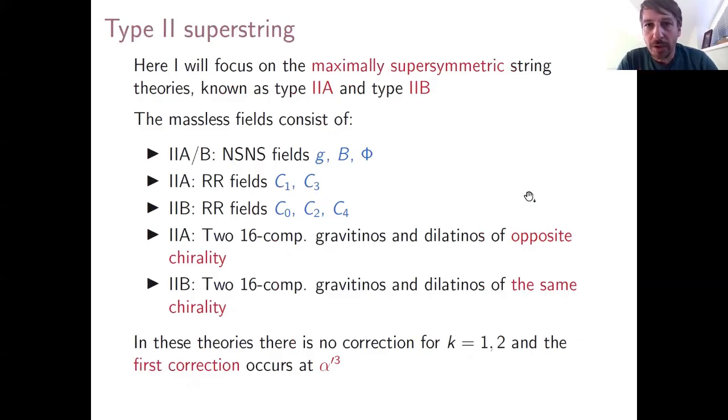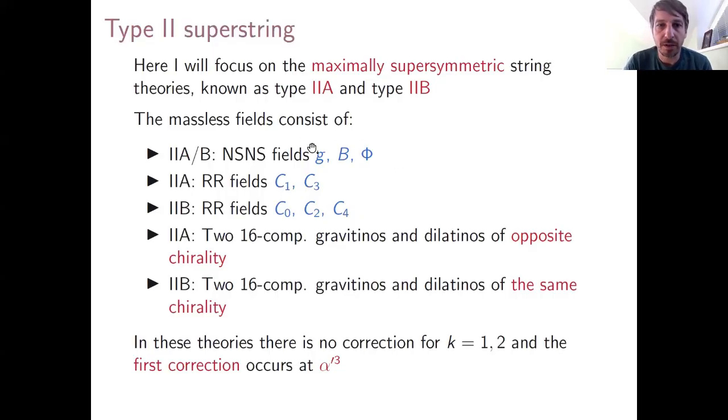Now, here I want to focus on the maximally supersymmetric string theories, which are called type 2 string theories. There are two of them, type 2A and type 2B. And the massless field content of these are the following. Both of them have a sector in common, which contains the metric, the B field, which is an antisymmetric two-form field or two-index field, and this scalar phi, the dilaton, which we already met, which sets the string coupling.